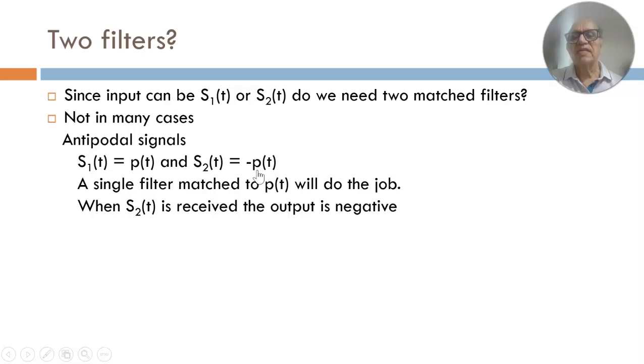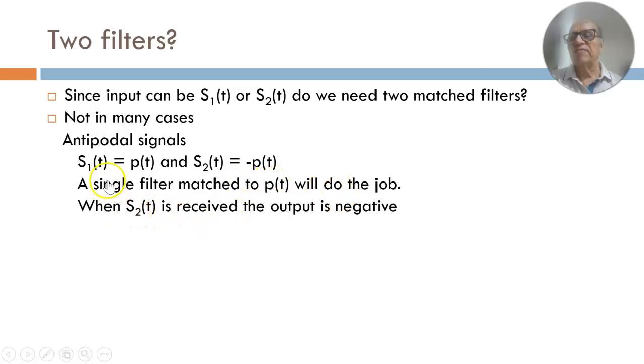Remember, polar signaling was one example of this, where our p(t) was a rectangular pulse, but it need not be rectangular. As long as s2(t) is the negative of this p(t), it's an antipodal signal. So since the waveform is the same, only the sign is different, the matched filter required is only one. So a single filter matched to p(t) will do the job.